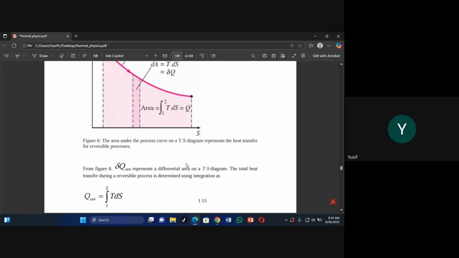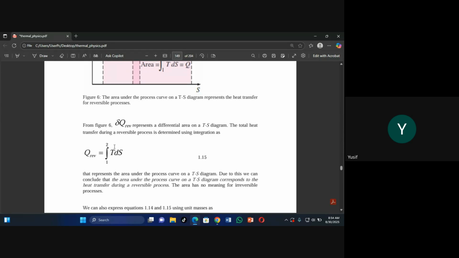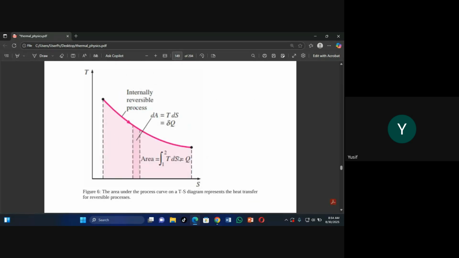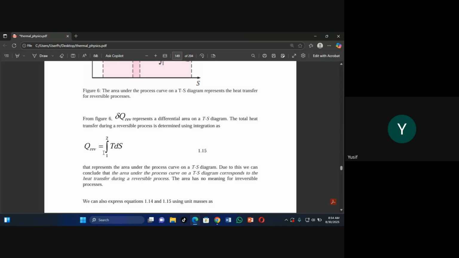Okay, sure. So from figure 6, the Q in the reversible process represents a differential area under the TS diagram. The total heat transferred during a reversible process is determined using the integration as this. And yes, it's true, because if you want to find a change from here to here, it's given by this. And when you do that, you are going to get the heat that is being transferred in the system. And that's what is being done here.